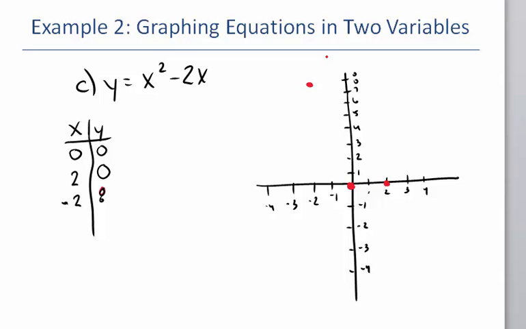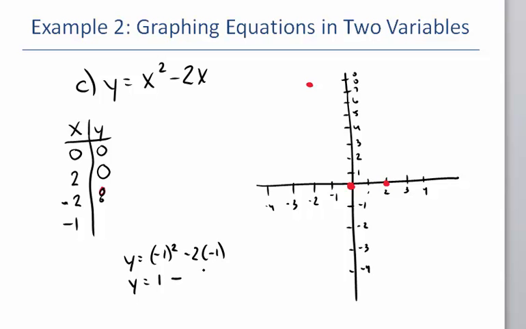All right, so we could plot these points. I tell you what, why don't we do one more just to make sure that we know what's happening here. I'm not exactly sure what's happening down here, so I'm going to do another point. Let's do negative 1. All right, so I am going to plug in negative 1 for the x. Negative 1 squared is 1.